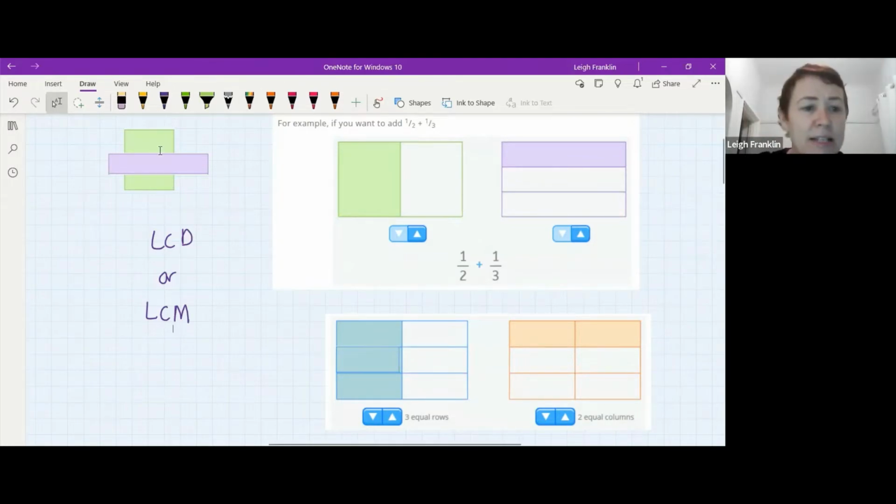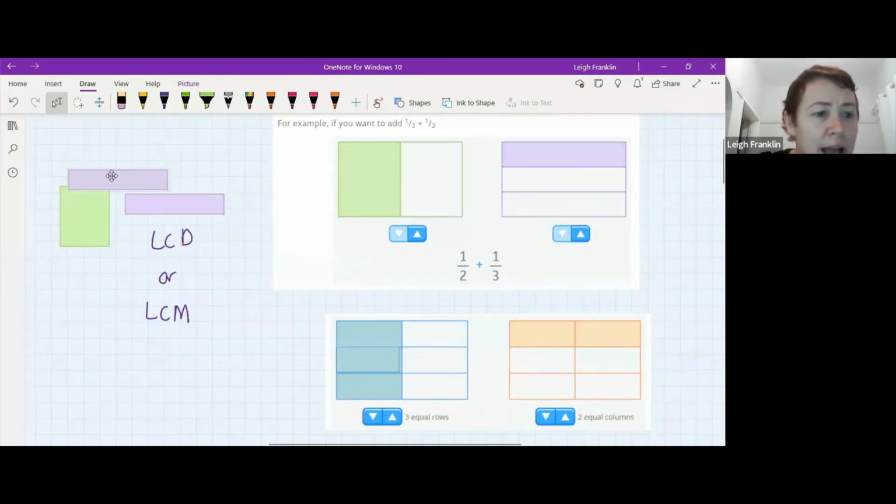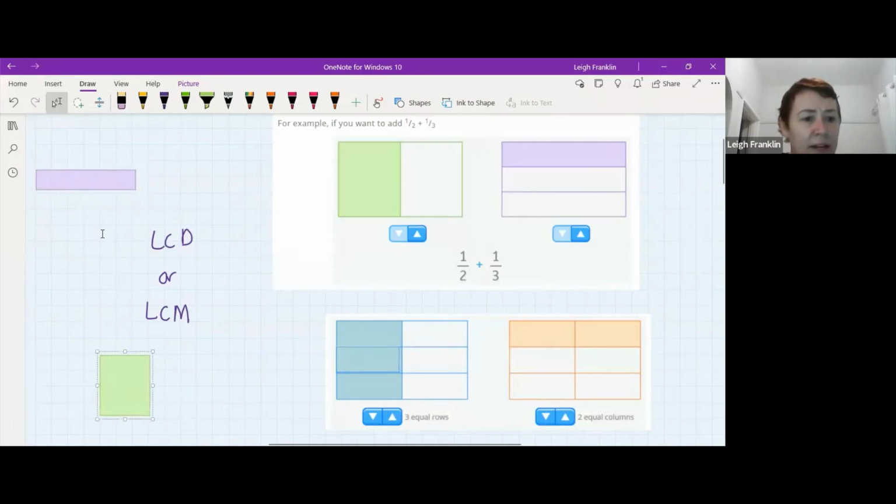And then what I've done is I've cut them out and I've stuck them over here. You can see me moving these blocks around. So now, how am I going to add these 2 together in a meaningful way? Well, as long as their denominators are different, they're never going to change from being what they are. In other words, I can put them together any way I like, but I don't really have an understanding of how much a half and a third is when I leave them in this form.